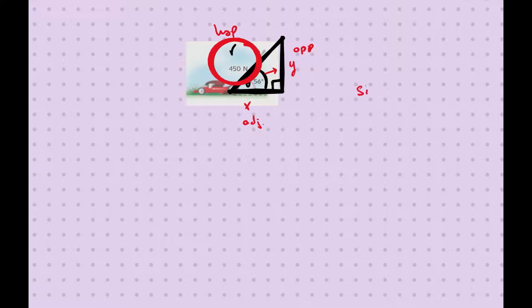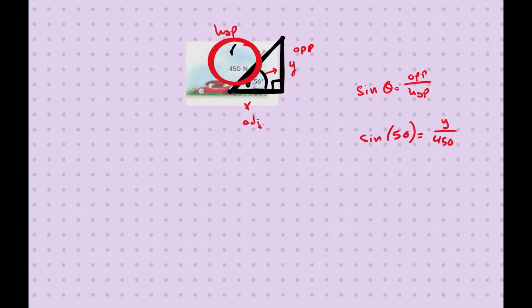And that trig function is sine, right? So sine of theta is equal to the opposite side over the hypotenuse, and we relate it to the information that we have here. We have sine of 56 degrees is equal to the opposite side, which we are calling y, over the hypotenuse, which in this case is 450 newtons.